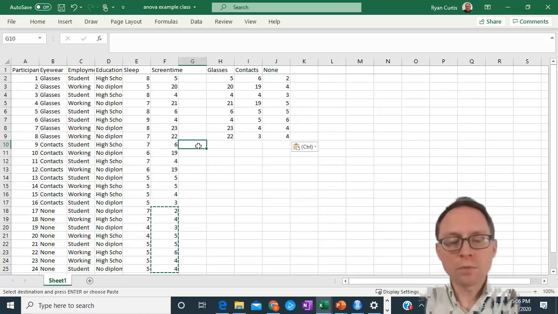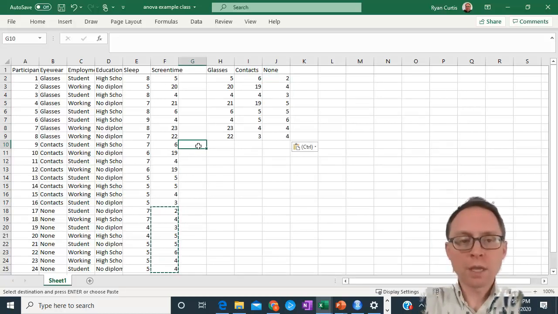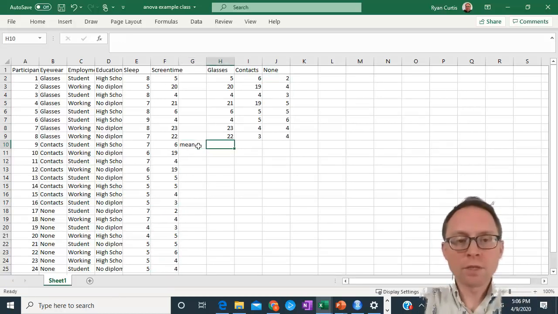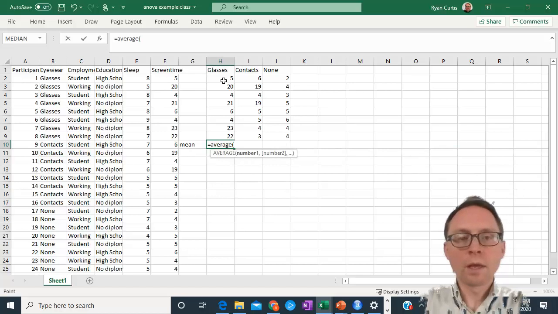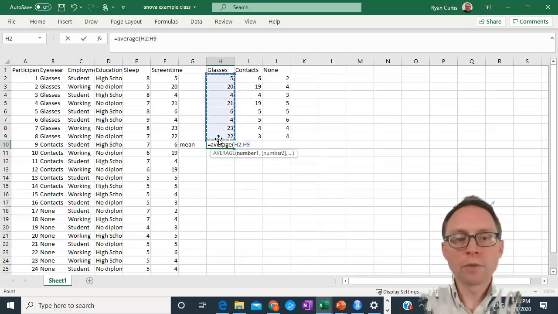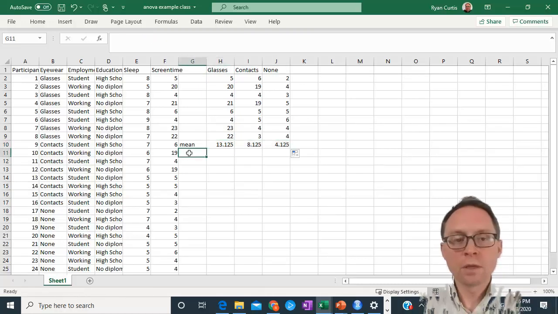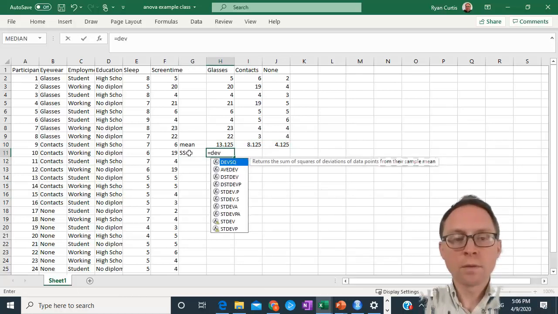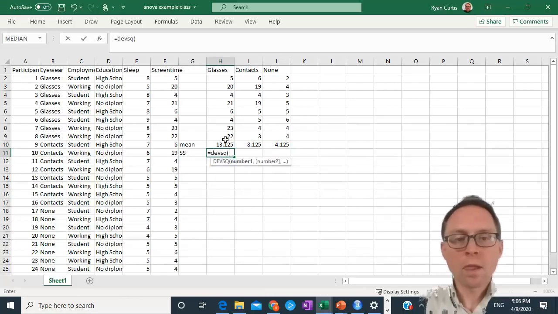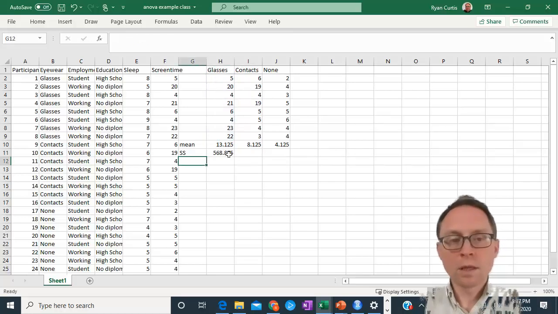Okay, so what you do is you take, let's get the mean of each of these. And it's going to be the average of those, 8, and then let's do that for each of those. Let's get the sum of squares for each of those. The DSQ for each of those is this. And let's get each one of these.